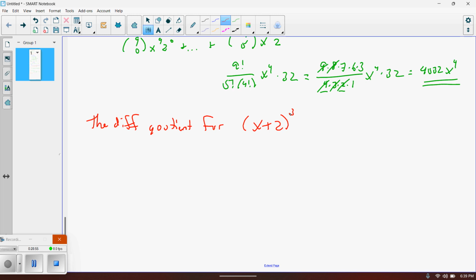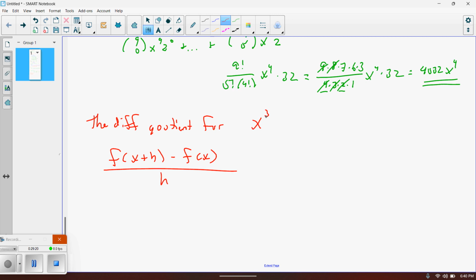Okay, we want to figure out the difference quotient of that. Well, if you remember, and this is going to go way back, the difference quotient was f of x plus h minus f of x, all divided by h. And actually, we're not going to do the difference quotient for that one. I apologize. We're going to do the difference quotient for x cubed.